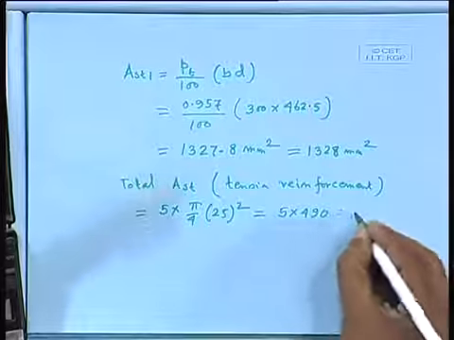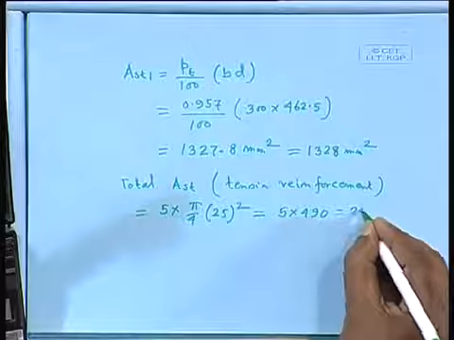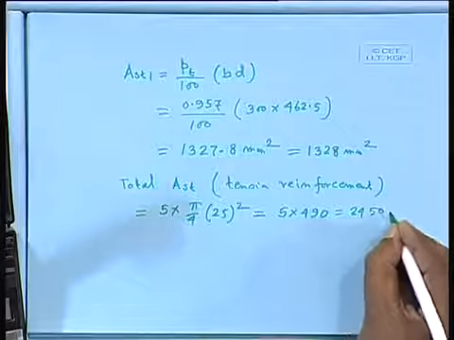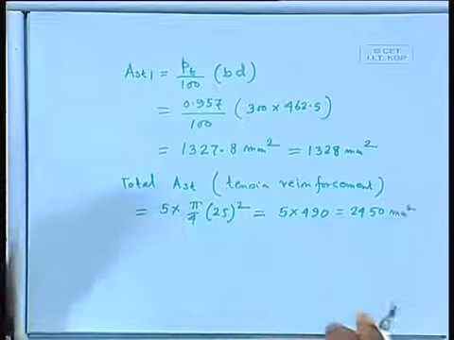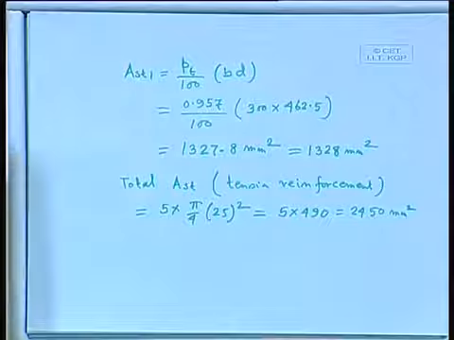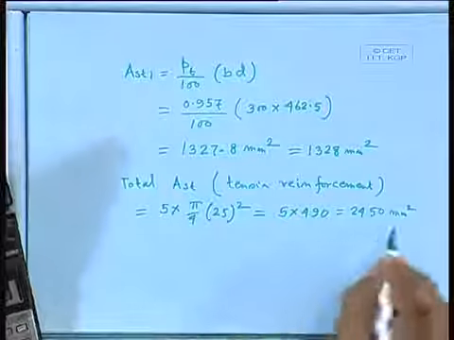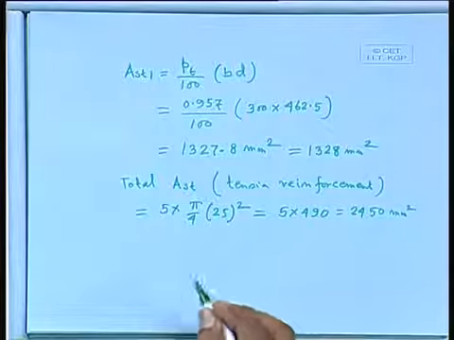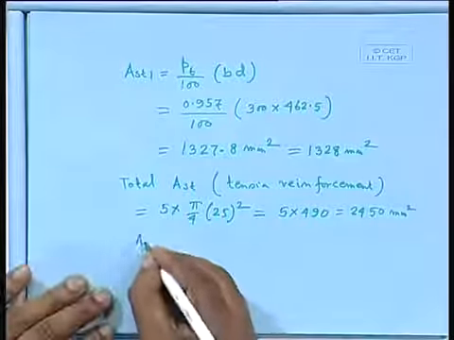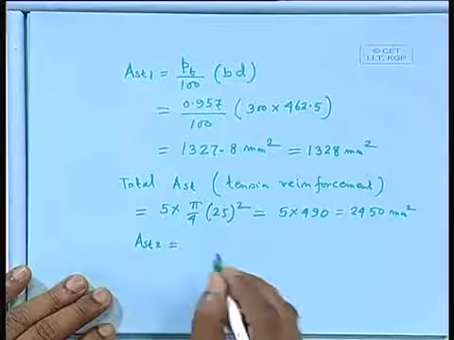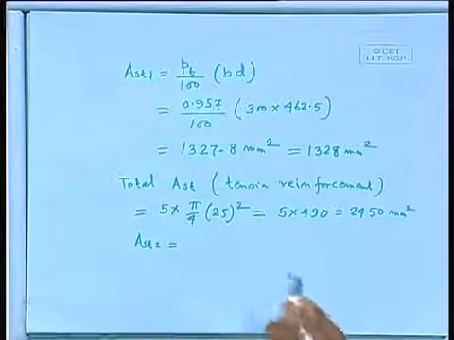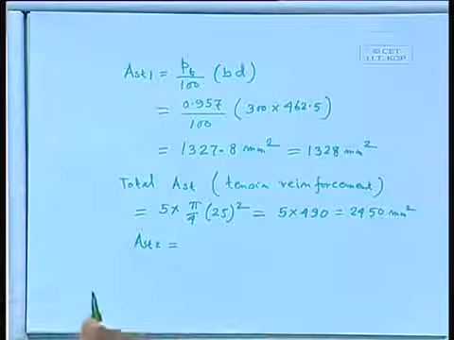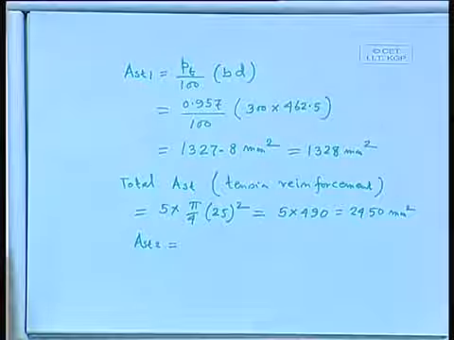So if we write down, we can get little more, of course. Ast2 equal to, I think I have taken little more.